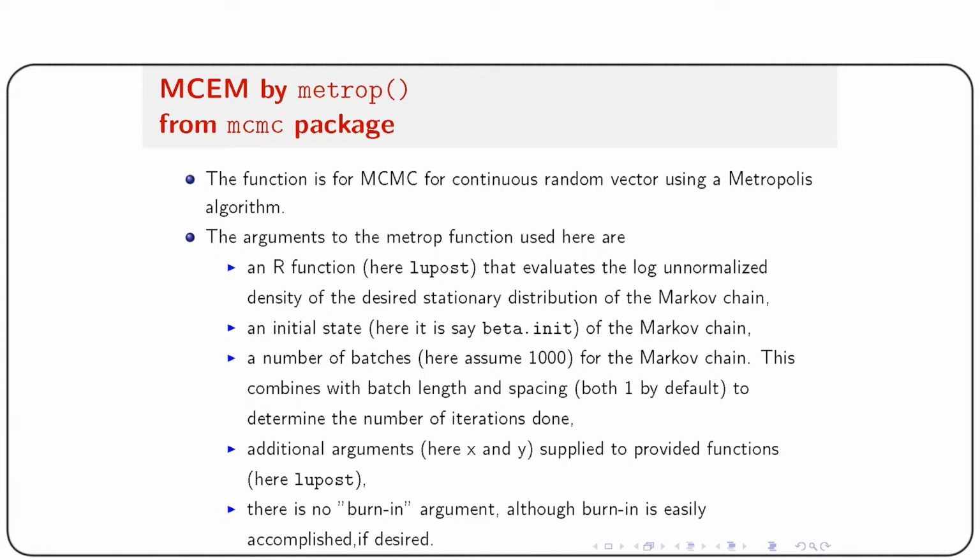This combines with batch length and spacing to determine the number of iterations done. Additional arguments are supplied to the provided functions, and there is no burn-in argument, although burn-in is easily accomplished if desired.